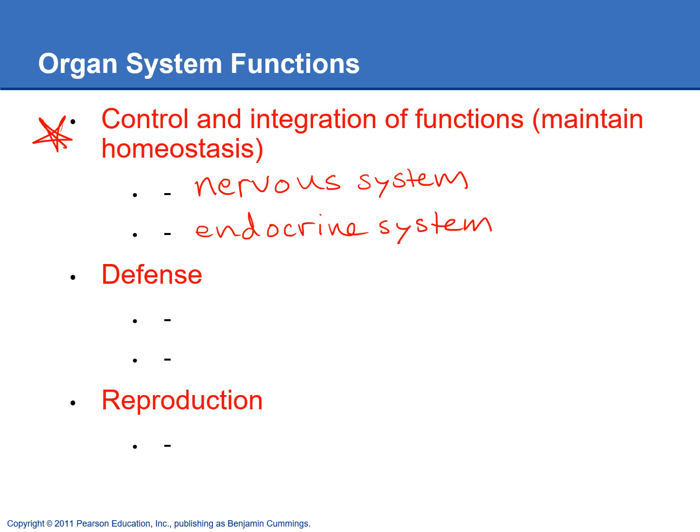Okay, and the organ systems that are used for defense, protecting you, would be obviously your immune system. And then the other one would be your skin, your integumentary system.